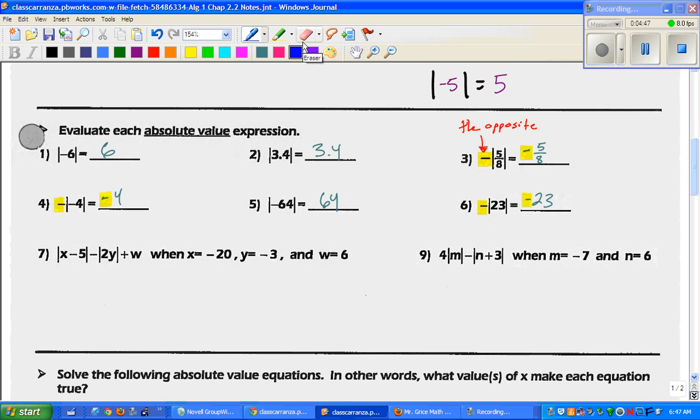Next, we're going to go through some little bit harder examples. Now we're going to be using order of operations, and we're going to treat the absolute value symbols like parentheses.